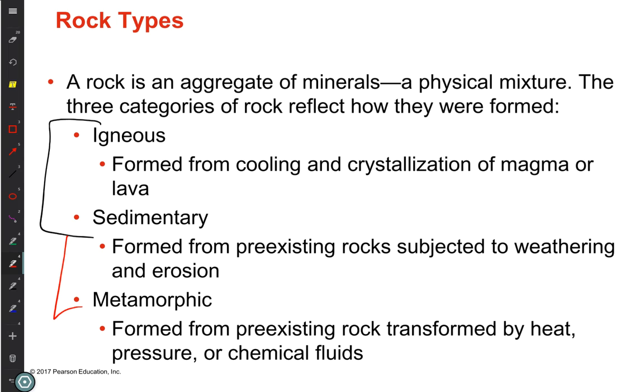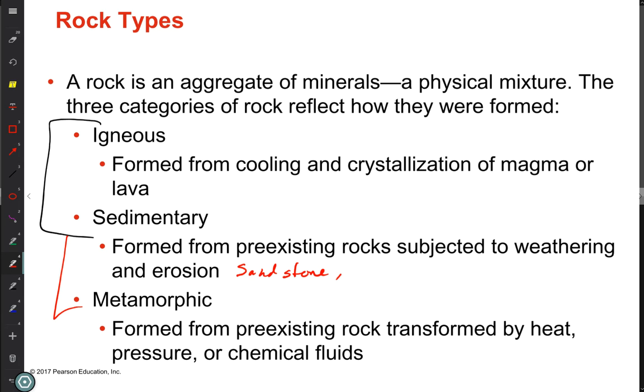Whereas a sedimentary rock is where you had material that settled. And as it settled, it got compressed and cemented together to make a rock. So sedimentary rock is pre-existing rock that got crushed together or cemented together. And so this is things like sandstone.